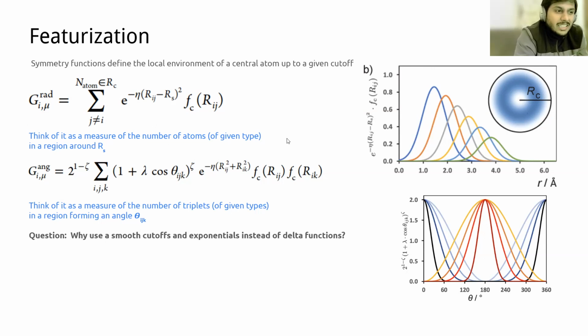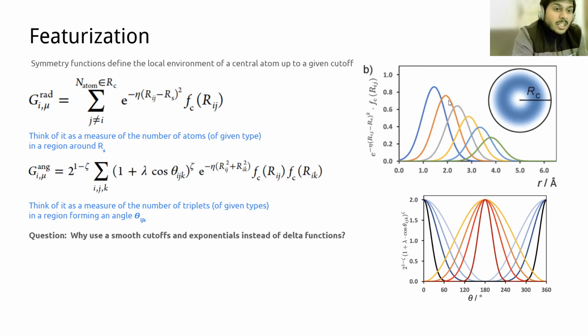And what you can do is center this Gaussian around this value and just evaluate the value of this Gaussian on all the atoms of a given type. So what this blue one will measure, let's say you are sitting on an oxygen atom and you're evaluating hydrogen atoms, is the number of hydrogen atoms which are maybe 1.2 angstrom away. And that would basically, for a water molecule, give you the two bonded hydrogens, right?